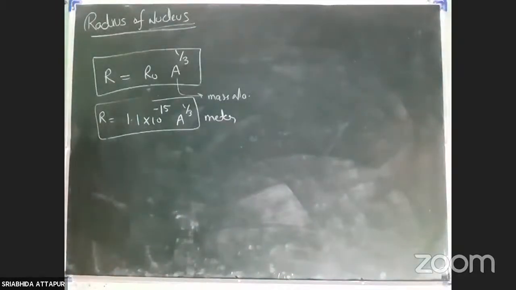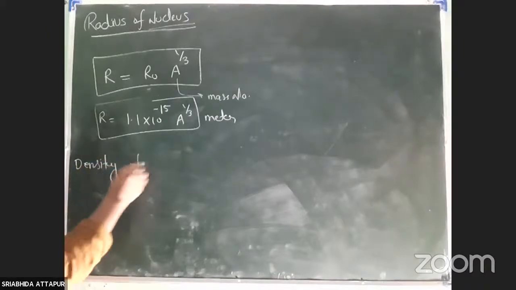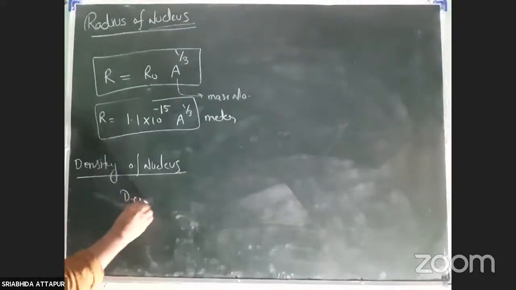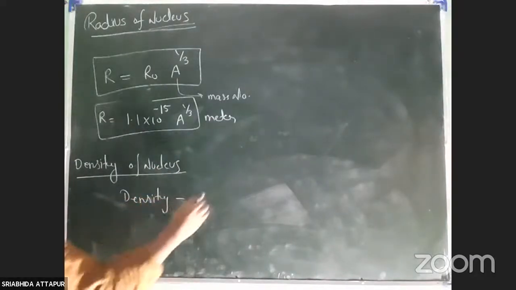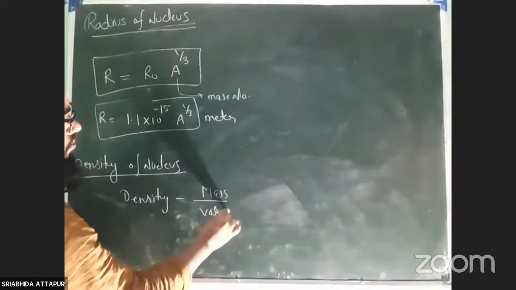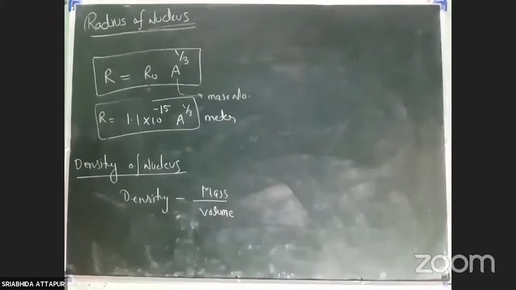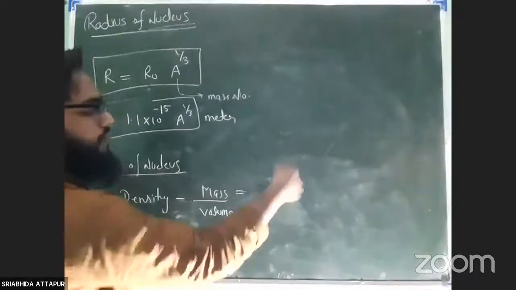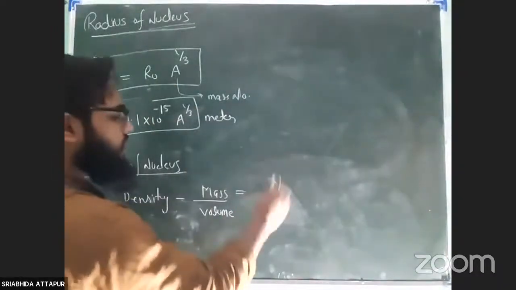Now if I say density, everyone knows density of nucleus. Density is equal to how much? Mass by volume. Therefore, what is the mass? Mass is, suppose, A into 1.67 times 10 power minus 27, just converting the same unit, AMU only.